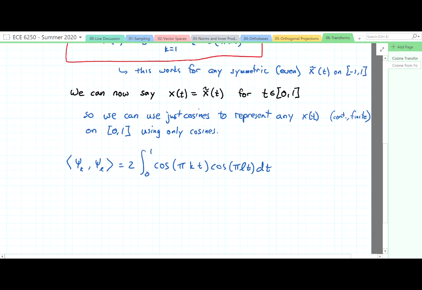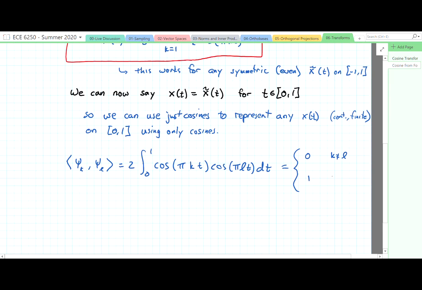Well, when k does not equal L, then we're integrating a periodic function over a full period, and this function varies between positive and negative equally. It disappears, and we can go through and do the full analysis, but it's just an exercise in algebra, so we're going to skip that.